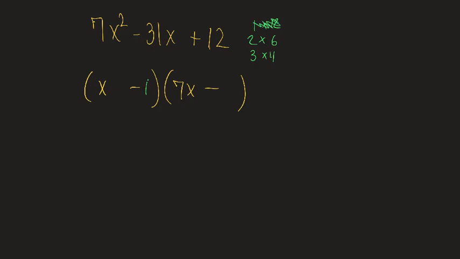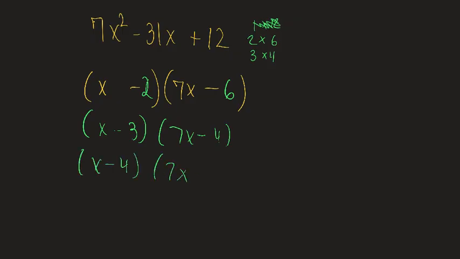Do I need to write the 6? That's 42. That's already too big. So I don't think I need to write the 6 one. So I could just write the 2 and the 6, and then the options with 3 and 4. X minus 3, 7x minus 4, x minus 4, 7x minus 3.